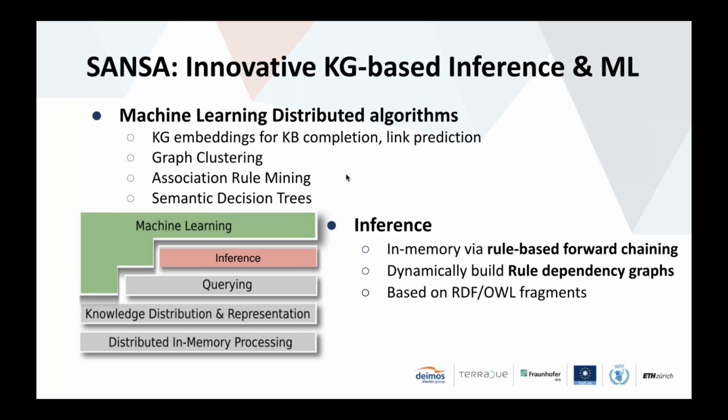In the lower layers, we do queries and in-memory processing of triple-type data that are based on RDF or OWL. And on top of that is the stage of the knowledge distribution or representation, which performs the distributed data taking and fetching, and on top of that, the SPARQL queries can be run, and then on top of that, we have inference and machine learning layers.